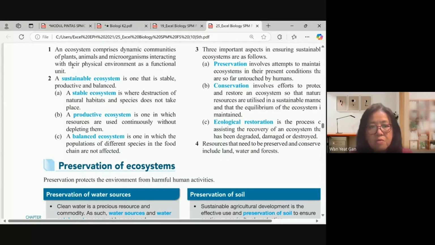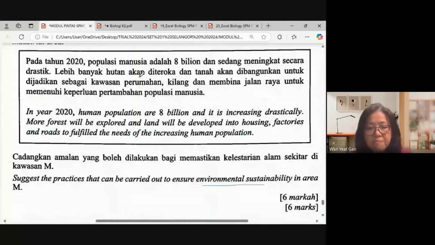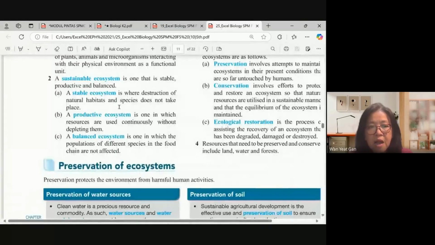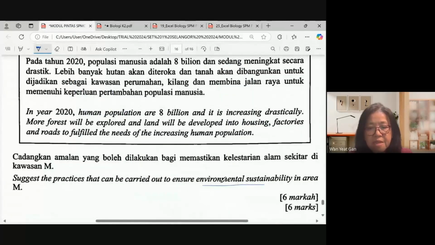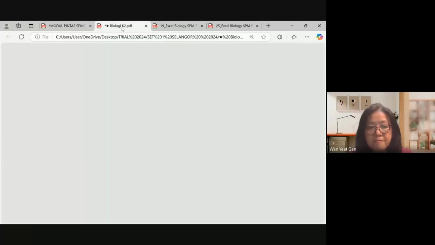Okay, so a sustainable ecosystem will lead to a sustainable environment. So we want to see what are the ways or practices that we can do to ensure environmental sustainability.